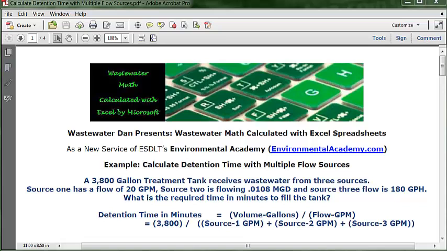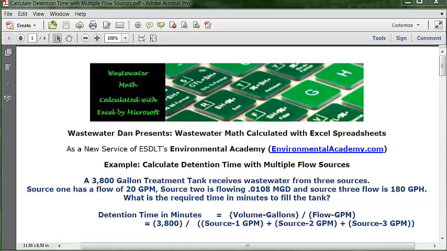Source 2 is flowing 0.0108 mgd, and source 3 flow is 180 GPH. What is the required time in minutes to fill the tank?